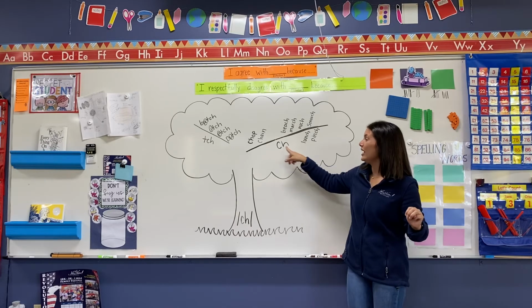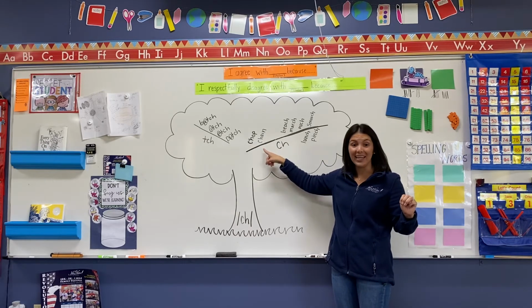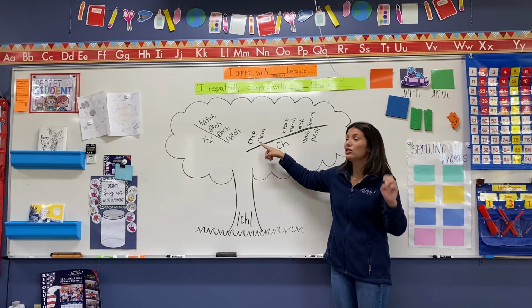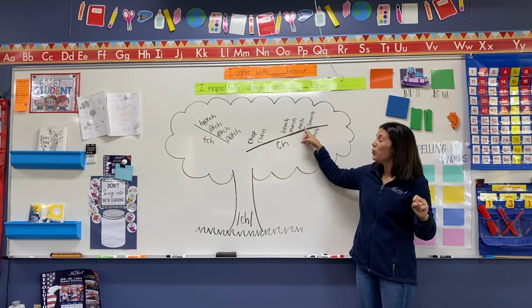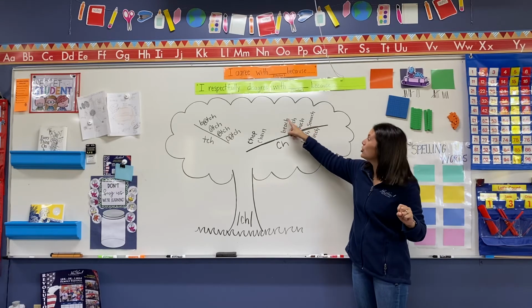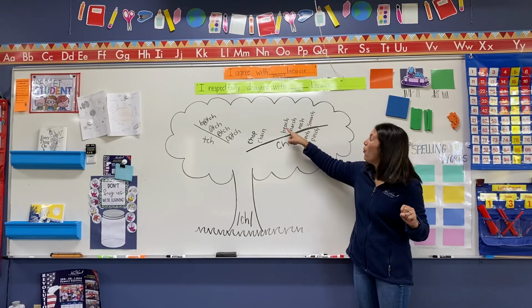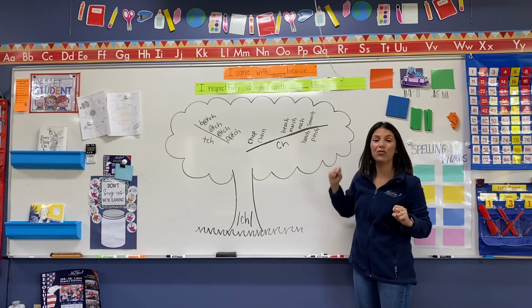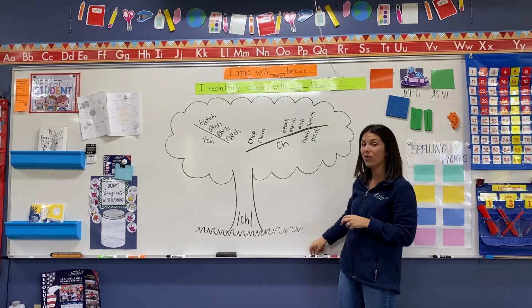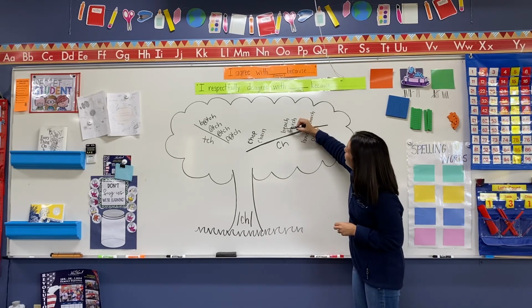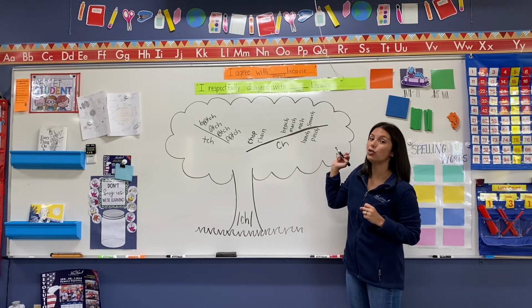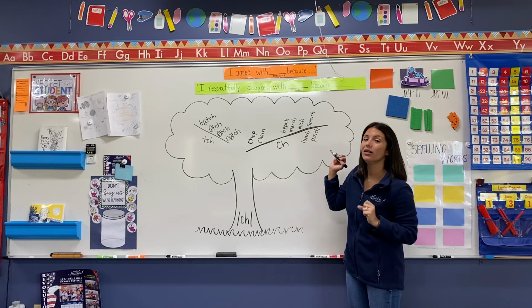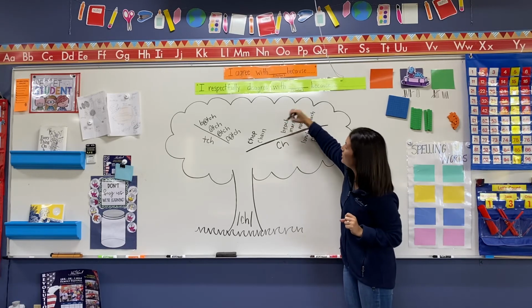We use the CH at the beginning, so chop, chain. We use it at the final position, at the end, when what comes before it is not a short vowel. So you see here, b, e, ch. That ch sound is a CH because what comes before is not a short vowel.